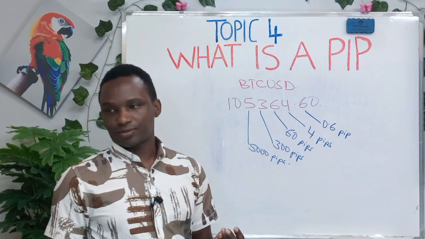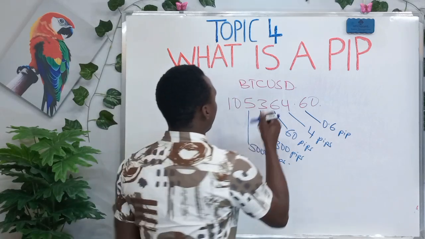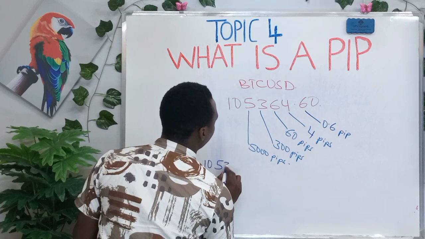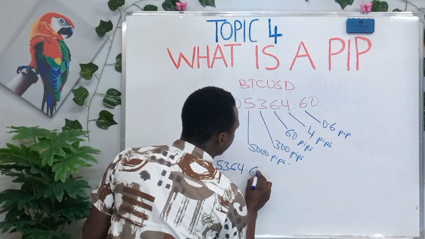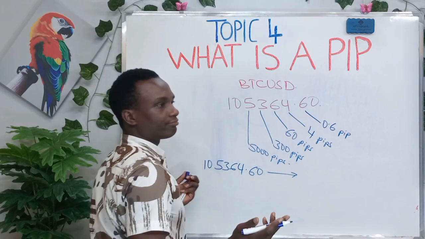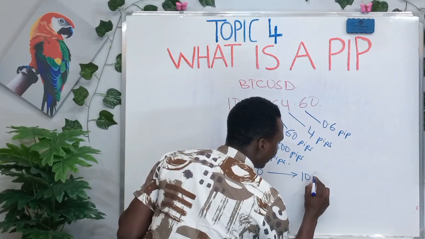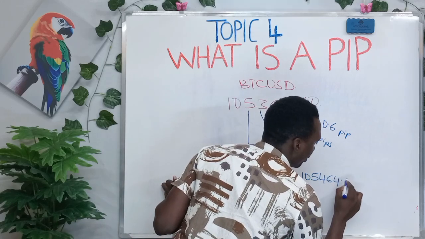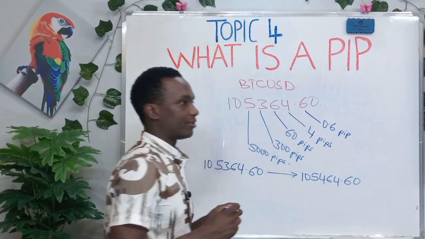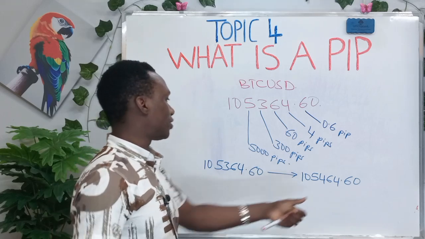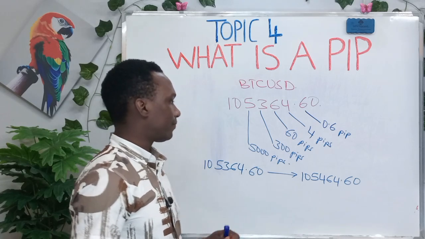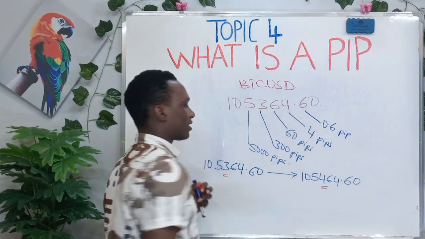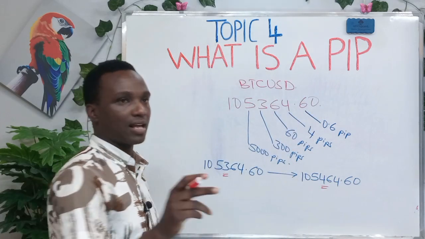Let us take this assumption, all right, that our price has shifted from 1053.64.60 to an example of 1054.60. Can someone tell me the difference between this and this? Remember, we've just changed this and this. Everything else, the difference? 100.